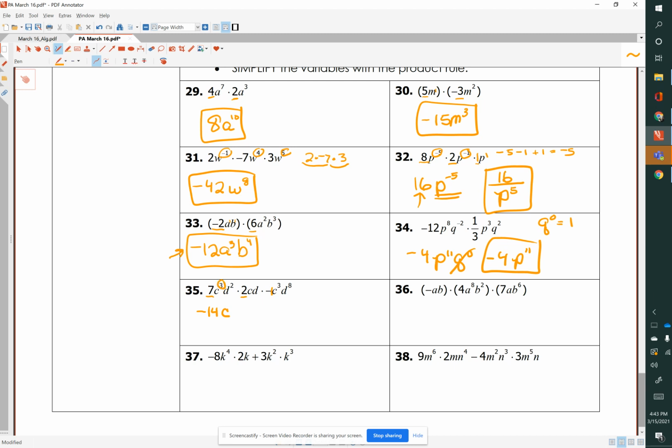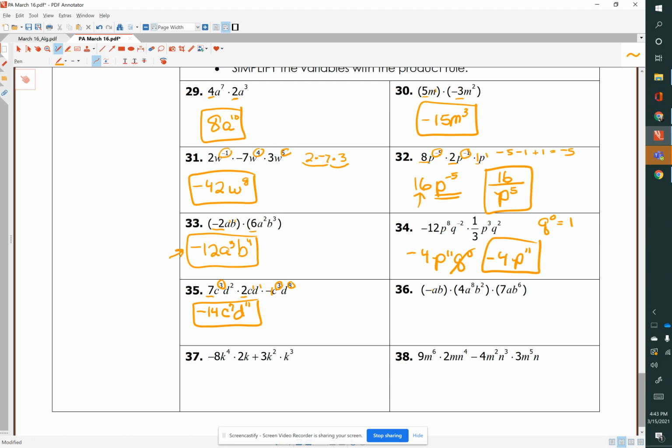C would be 3 plus 1 is 4 plus 3 is 7. And then D, 2 plus 1 is 3 plus 8 is 11. And that's our final answer. Negative 14 c to the 7th power, d to the 11th power.